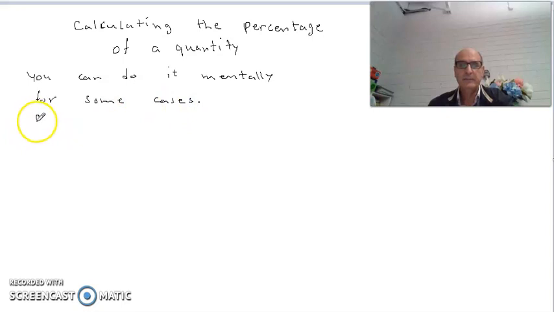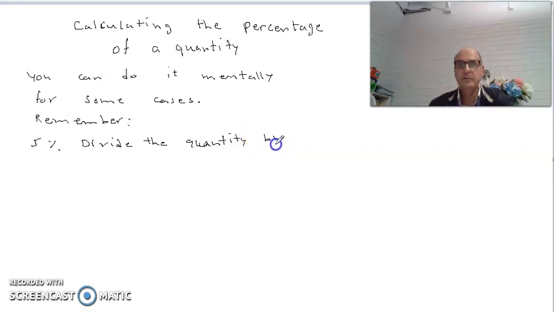So remember, for 5%, divide the quantity by 20.